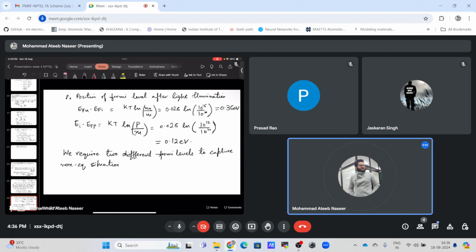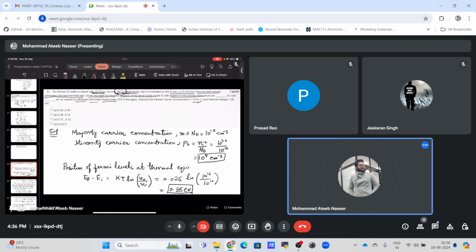So we require these quasi-Fermi levels in the case of light illumination. So option B seems to be the reasonable option to go with.